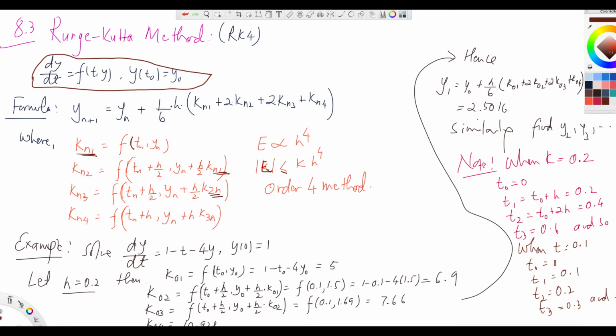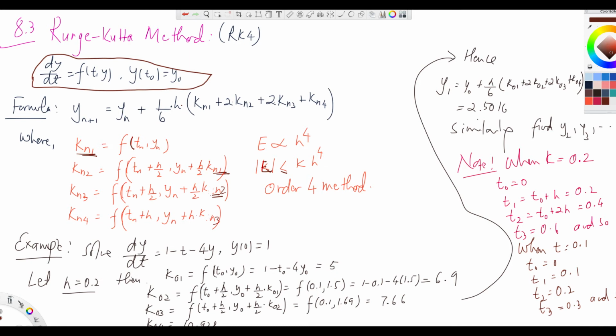And for kn4, you don't have h over 2, just h, plus y sub n plus h times kn3. Oh, by the way, this is kn2, okay? So this is kn2, and this is kn3. Okay? So this is the formula for the Runge-Kutta method.